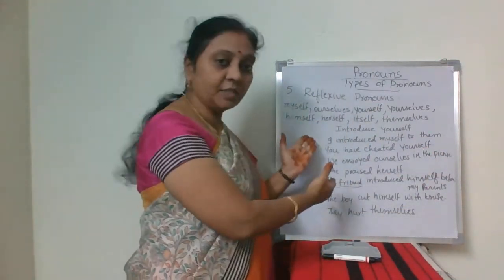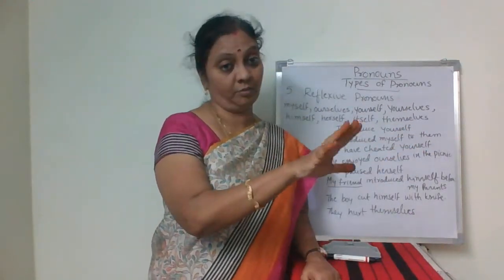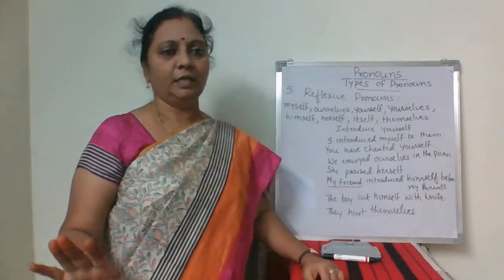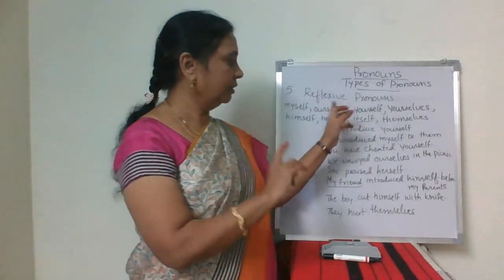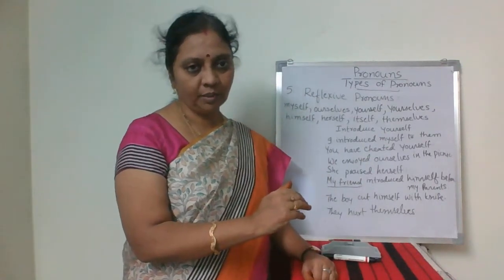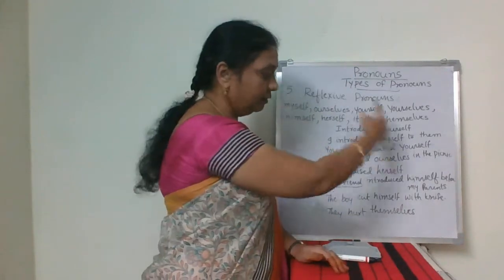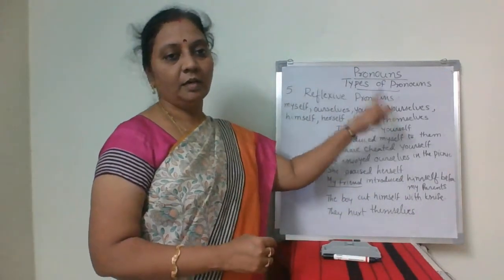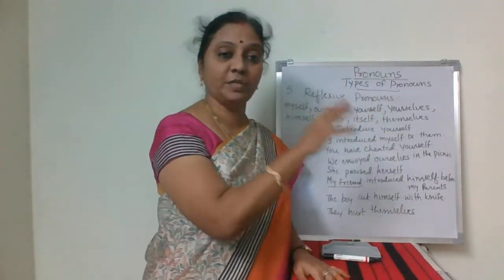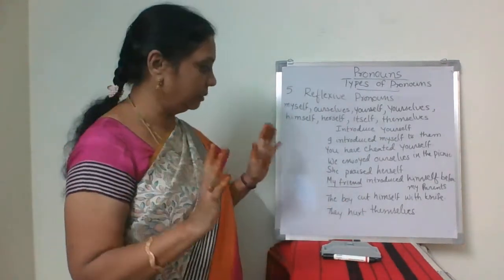Whereas the subject is you, you are using the reflexive pronoun as an object also. This is a very important thing. Subjects are already there, I, you, we, all those, but we are using the reflexive pronouns as the object of the sentence. This is the important thing we have to remember.